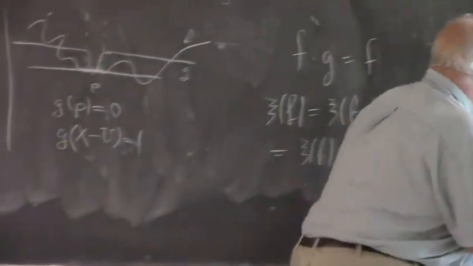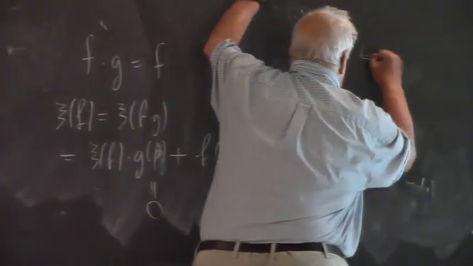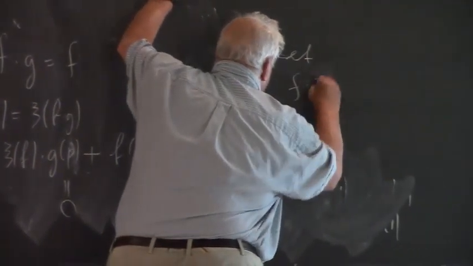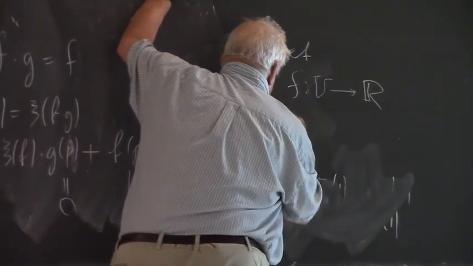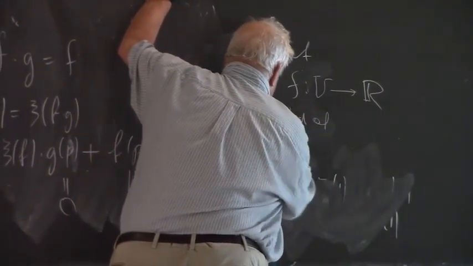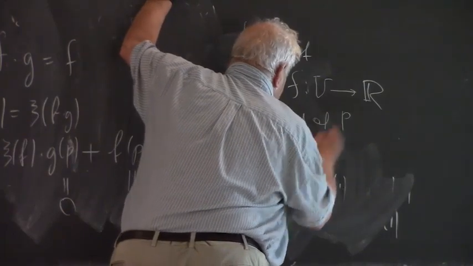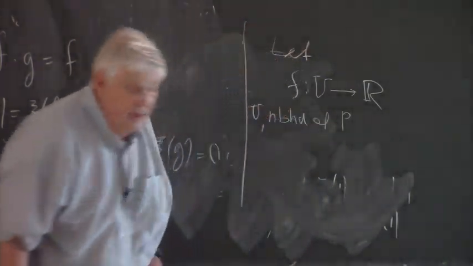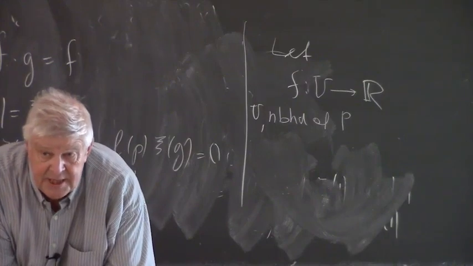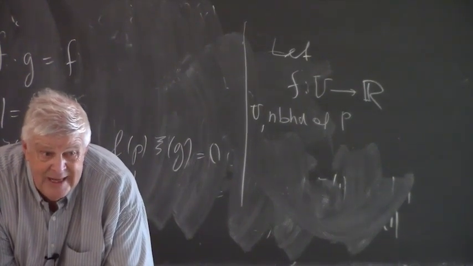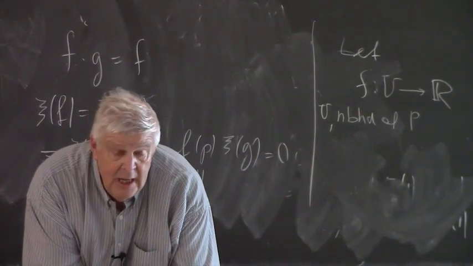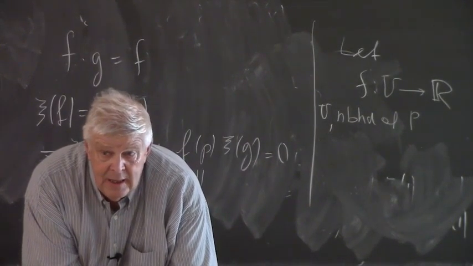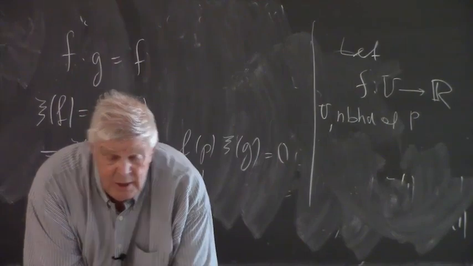Imagine that f is defined only in some neighborhood. So U is a neighborhood of p. Then, well, we proved it. We discussed this. It's possible to extend f to a function on the whole X, but not from U, from some smaller neighborhood.